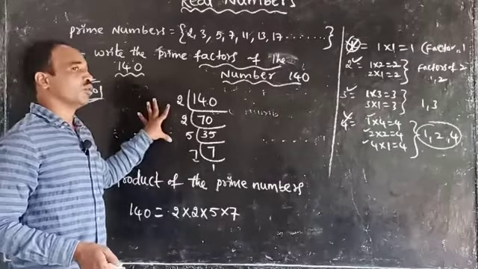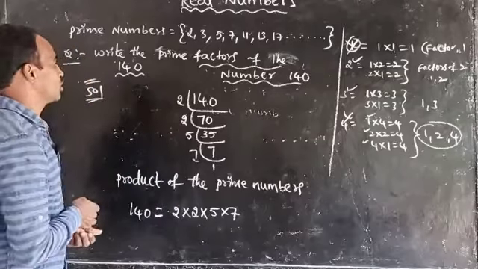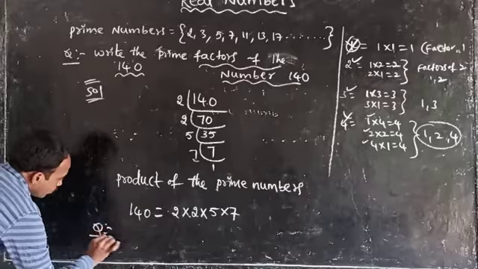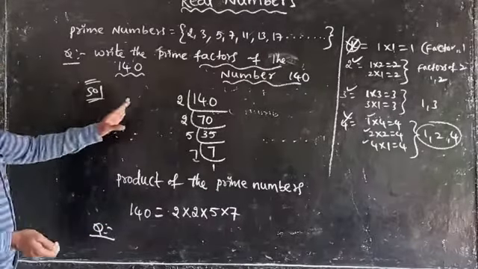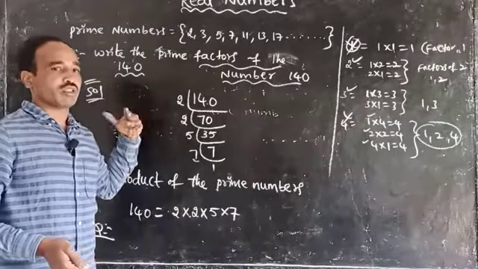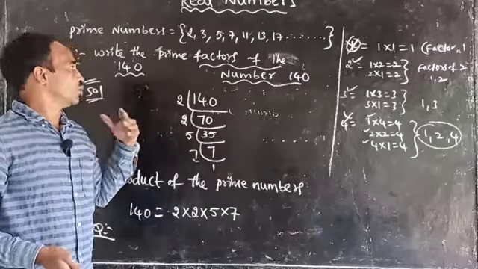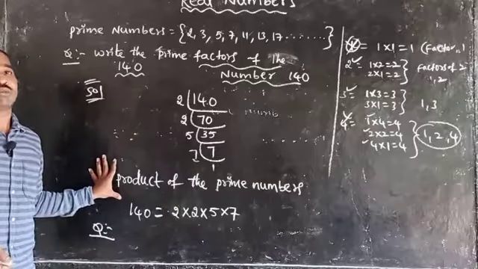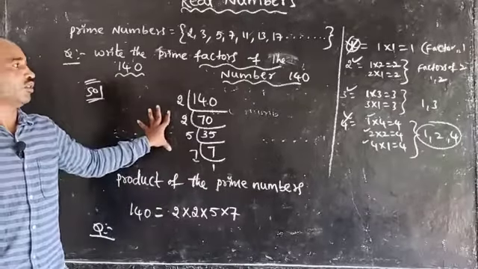Similarly, we can do some more examples. I am giving some more questions: 135, 170. You take these numbers and find the product of the prime numbers. Okay.